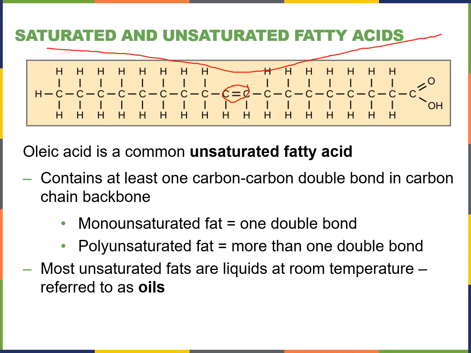How many carbon-carbon double bonds? Mono, poly, single bond, double bond, multiple double bonds means even more of a kink. Having this kink means that the phospholipids or the triacylglycerols or whatever cannot pack in tight. It means they're going to be very loose. They're going to be pushing away from each other.